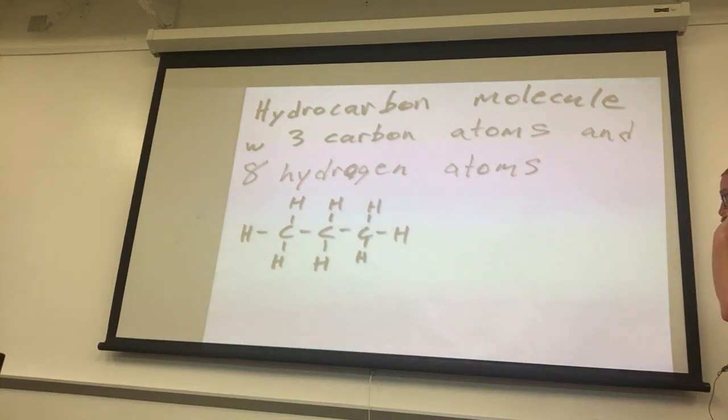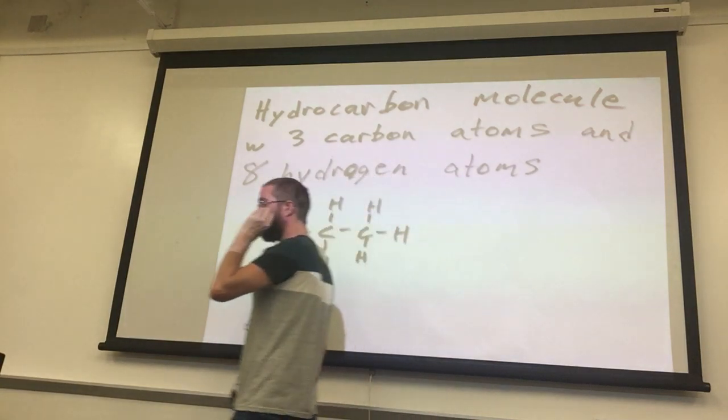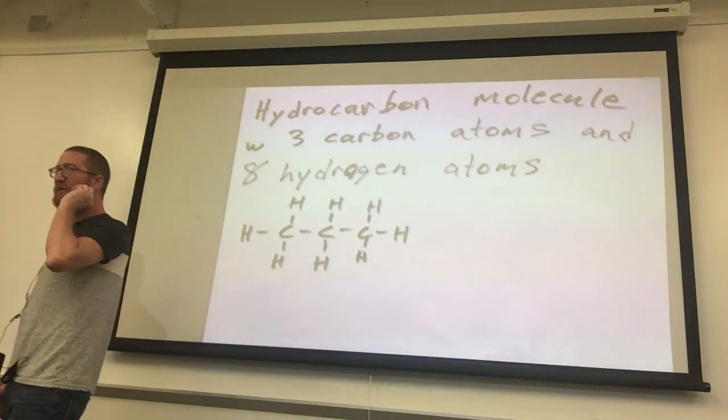Well, then a tree in this sense, you can write a structure like this. Now, do y'all think that every molecular compound would actually be a tree?